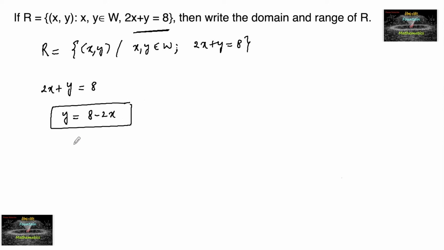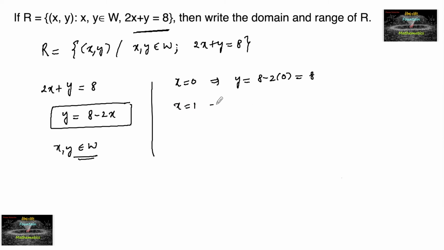Since x and y are whole numbers, let's start taking x equal to 0, which implies y is equal to 8 minus 2 into 0, that is 8. For x equal to 1, y is equal to 8 minus 2 into 1, 8 minus 2 is 6. For x equal to 2, y is equal to 8 minus 4, which is 4.